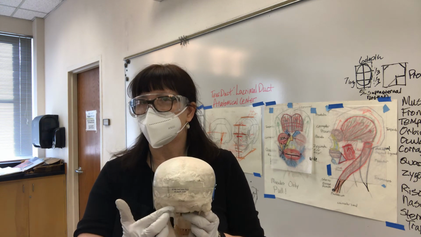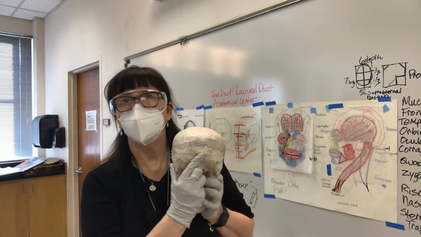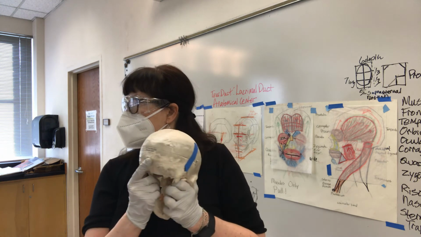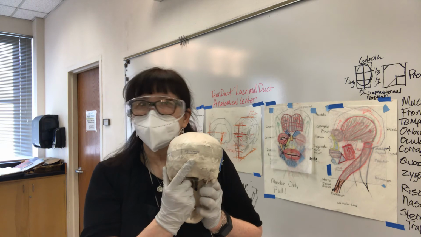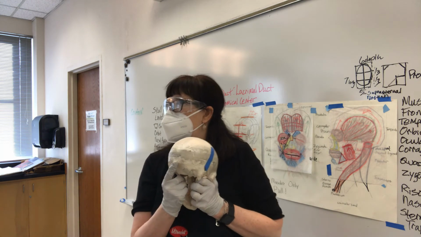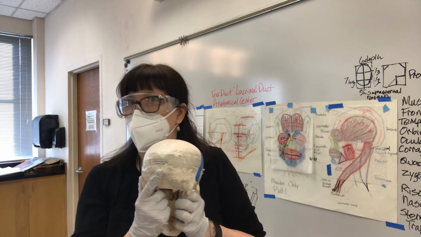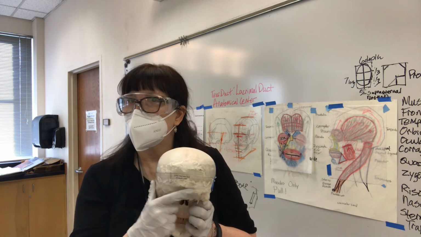It has a bump right here that I've mentioned before. That bump is called the occiput. Isn't that fun to say? I just think it's fun to say, occiput. So that's where the nuchal ligament and the trapezius originate, one of the places that it originates. So this is a flat spot right here.